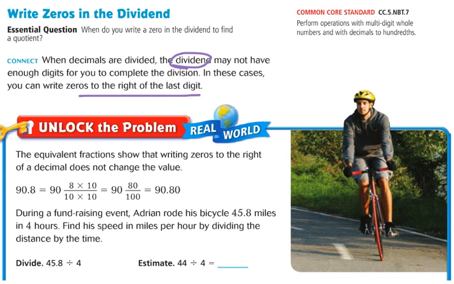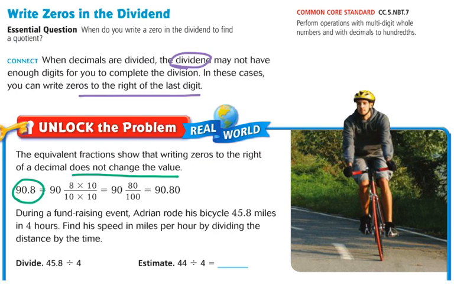Boys and girls, we're going to start here with the Unlock the Problem, real world. The equivalent fractions show that writing zeros to the right of a decimal does not change the value. So I'm going to underline "does not change the value." We have 90 and 8/10.